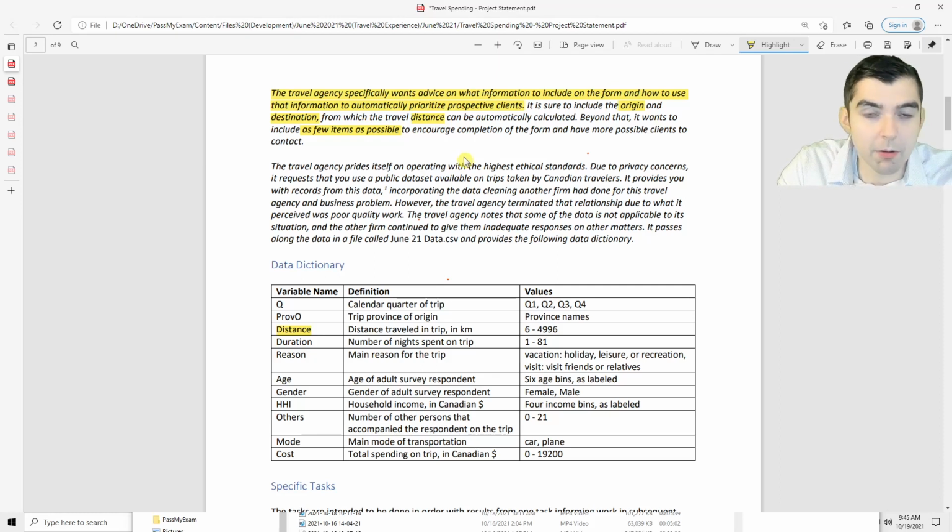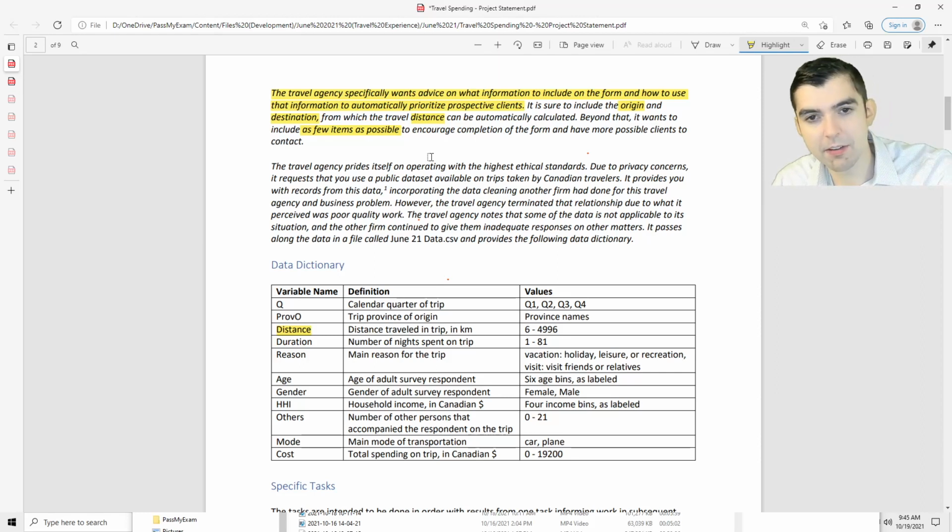And so now you have like instant apply, where you might be on a site like LinkedIn, where you just put in your name and your email and your resume and you're done, right? The sites that have fewer forms for people to fill out get more applications, and so they collect more data. The same idea is applied here. The travel agency wants a very simple form so that they'll get more data on the customers.